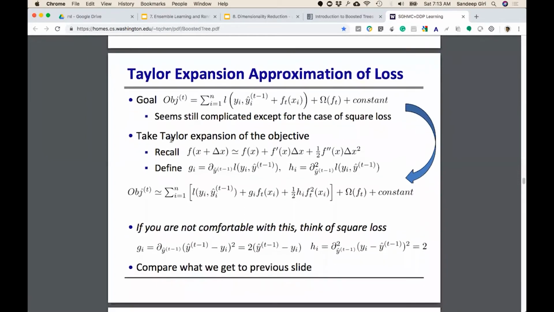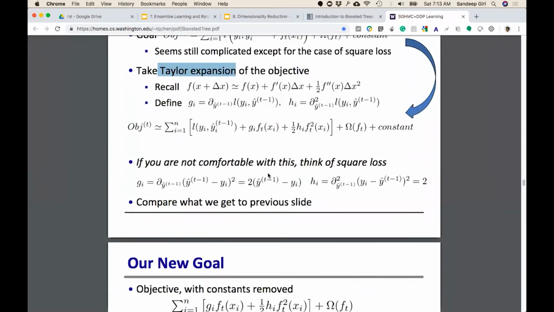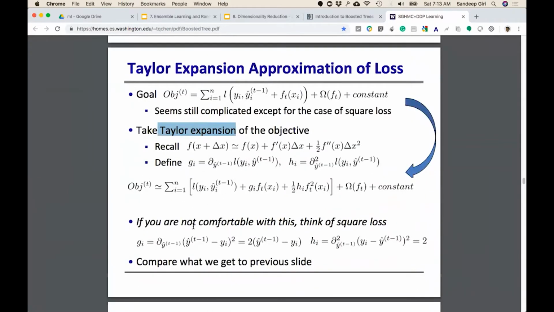Even if you don't think about Taylor series at all, you can just put mean square error instead of the loss, and you'll get the answer. If you're not comfortable with this, you can always think of it as mean square error.